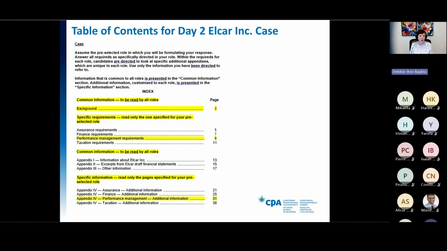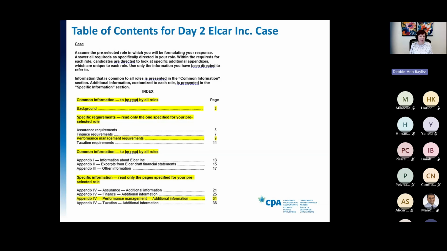There's also common exhibits that need to be read by all roles. Within that information, there's information that could be applicable for your role, or some of that information is not applicable. There are specific requirements, and this is where it outlines the requirements for each of your roles.